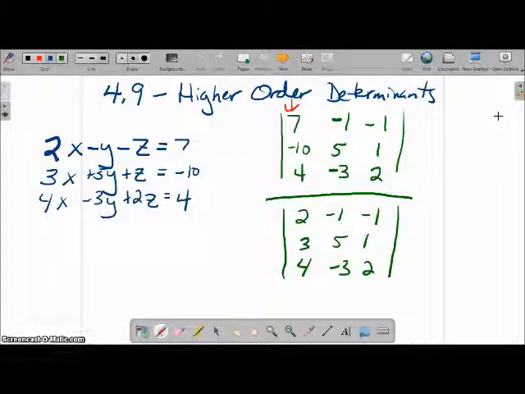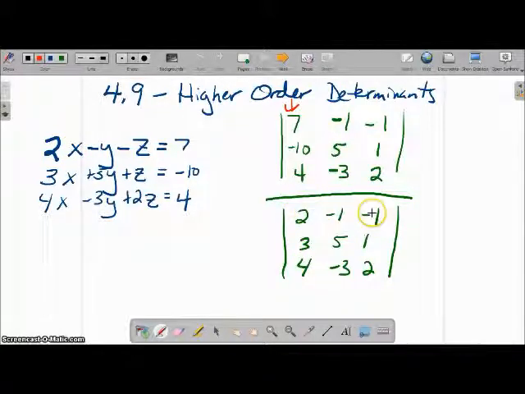Now the way you set these determinants up is nearly identical to how you did it with the second order determinants. So you might notice here that your denominator is made up of all your coefficients to your x, y's, and z's. Okay, do you notice that?